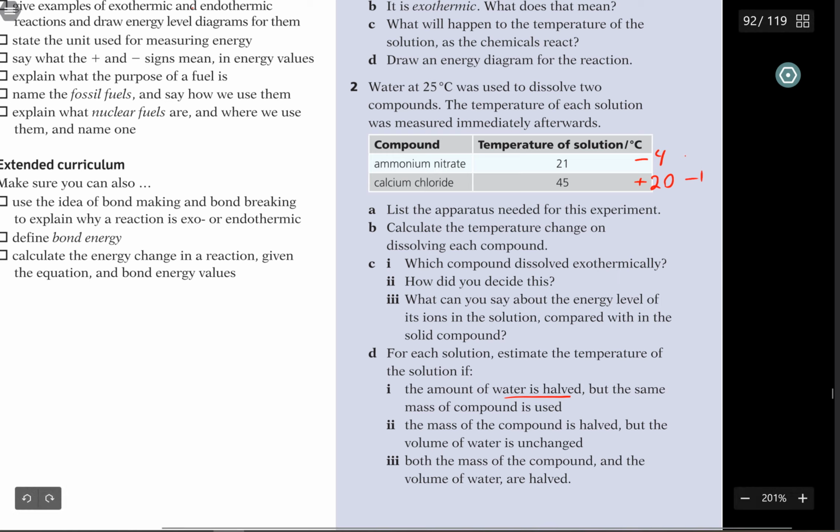That's why the temperature change remains positive 20 for the exothermic reaction. For the endothermic dissolving, you are taking half of the original energy from half the volume of the water, so the temperature of the water also changes by negative 4.